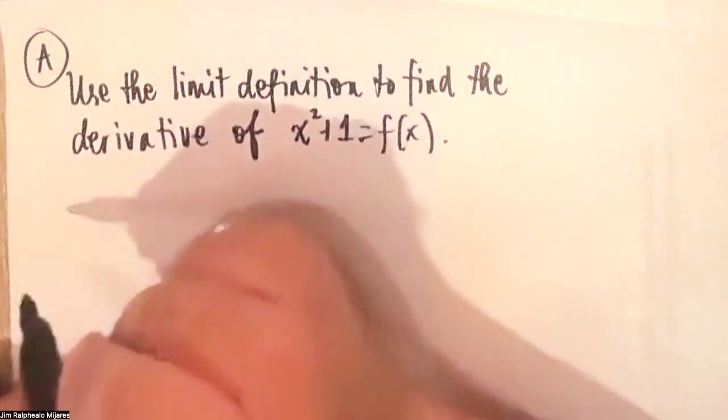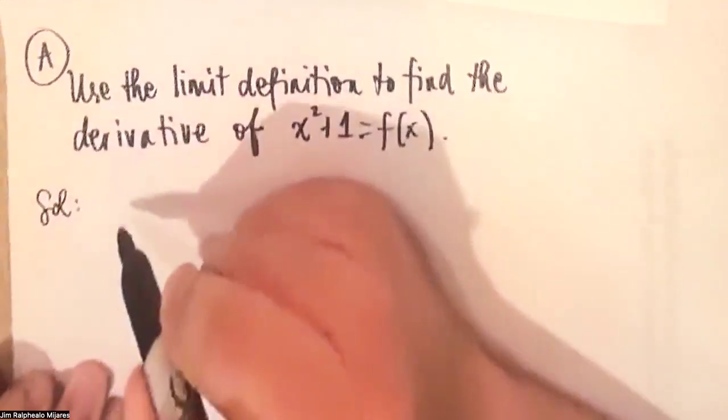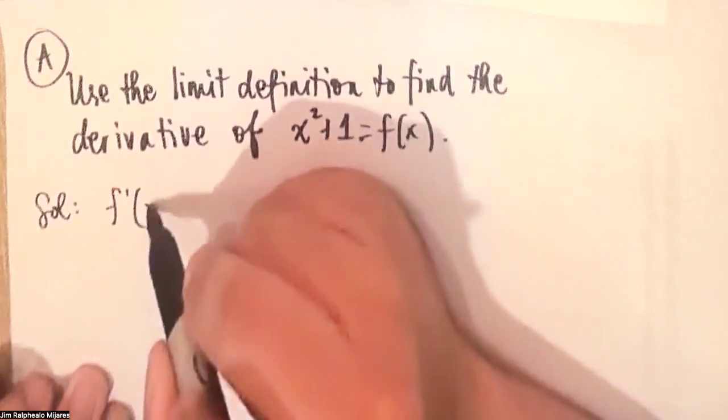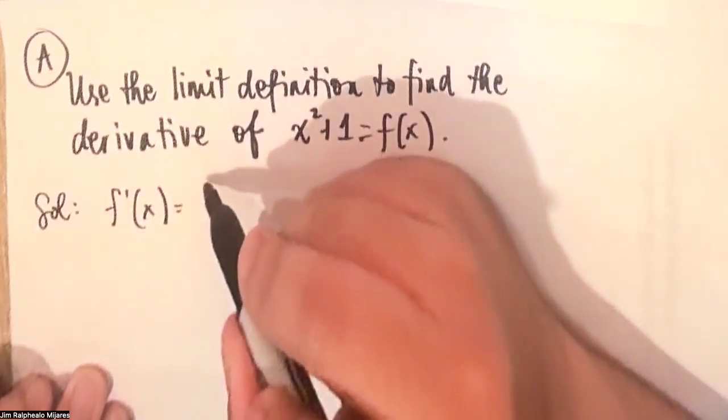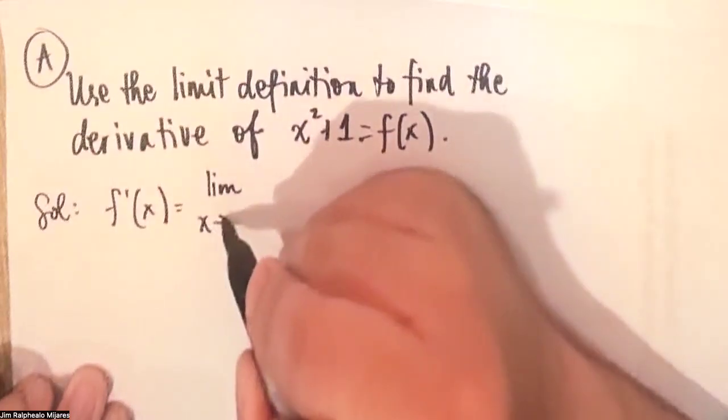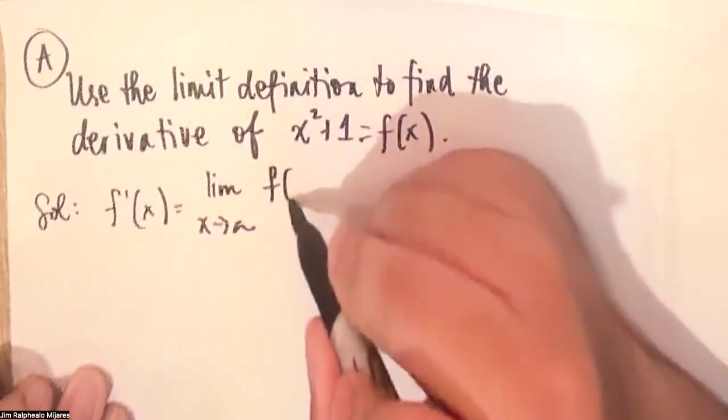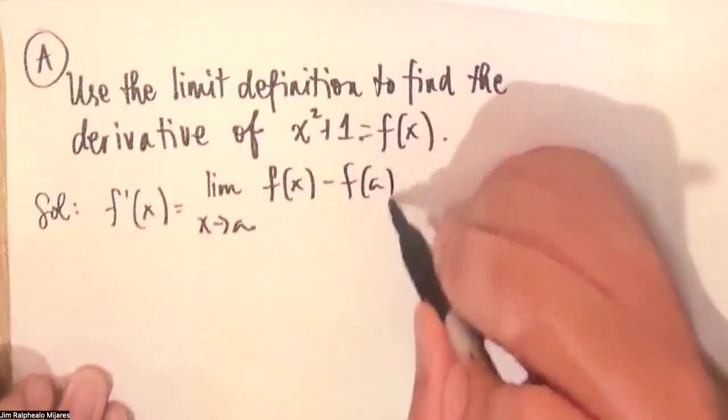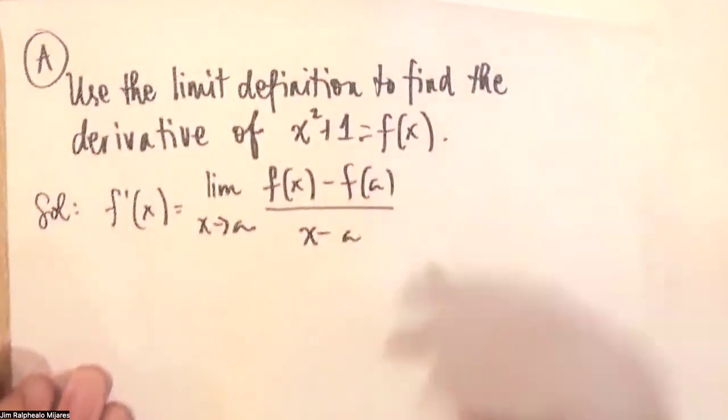That means we're trying to find f prime of x, which is again the limit as x approaches a of f of x minus f of a all over x minus a.